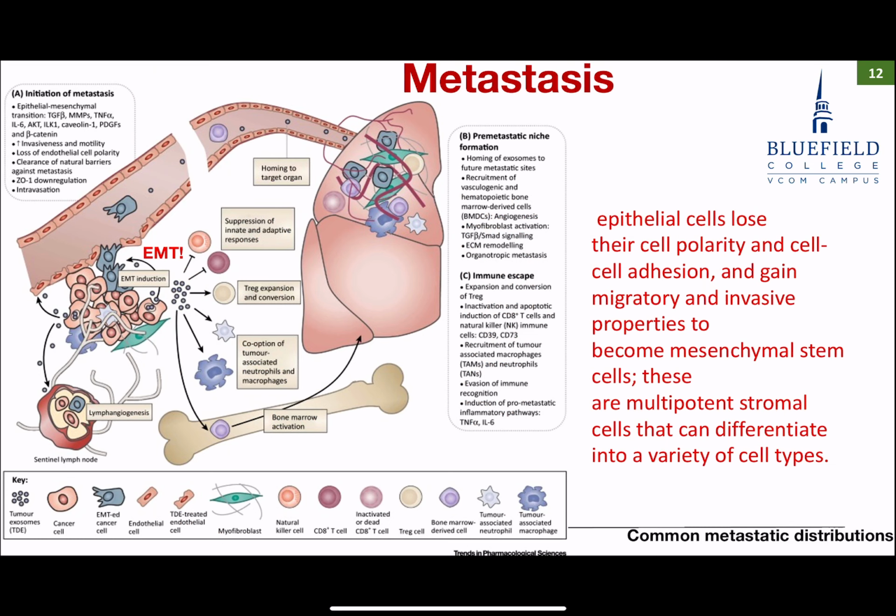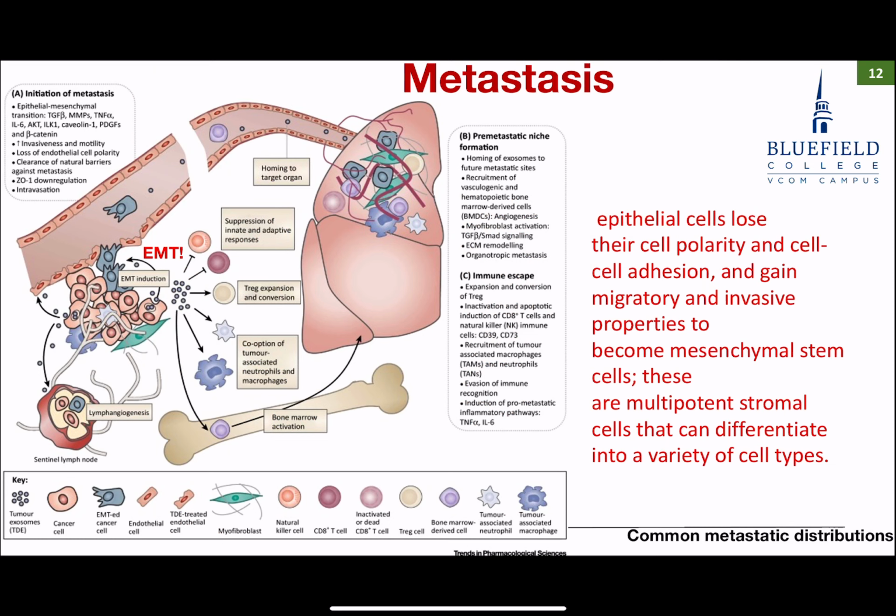They detach from the primary tumor and acquire migratory and invasive properties to become mesenchymal stem cells. So there's some reprogramming involved, that they are reprogrammed back to their stem cell, non-differentiated cellular state. And this is known as EMT, so I want you to be aware of it.